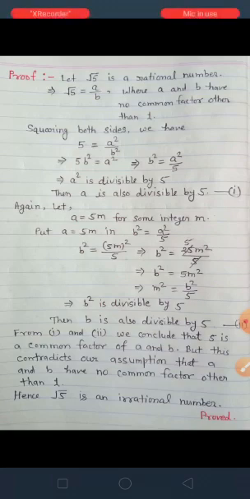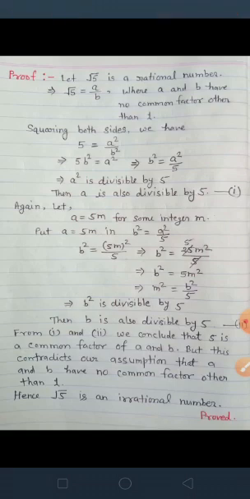On solving, we get b square is equal to 25m square upon 5. When we divide 25 by 5, we get 5, which implies that 5m square is equal to b square, which gives m square is equal to b square upon 5, which implies that b square is divisible by 5. Then by the theorem, b is also divisible by 5.